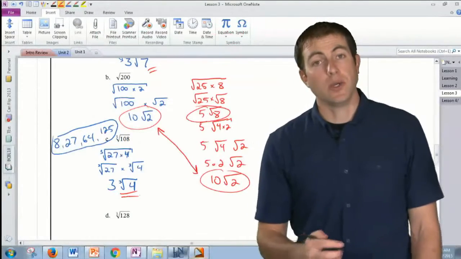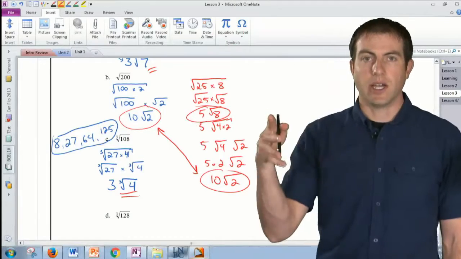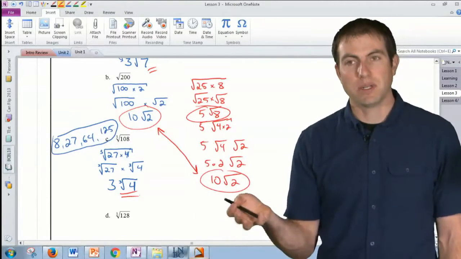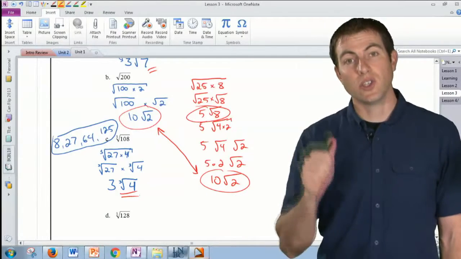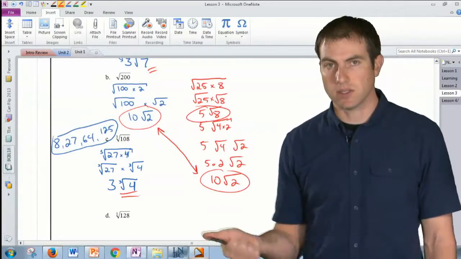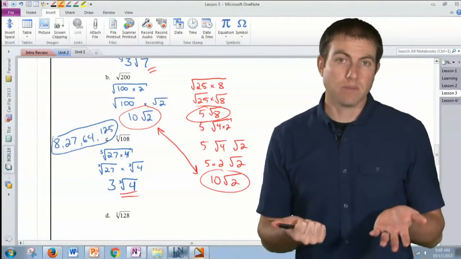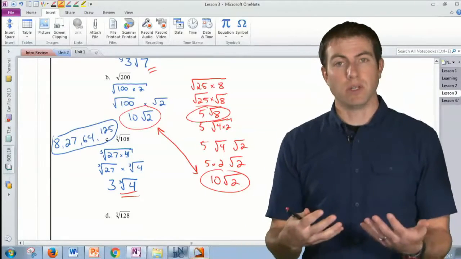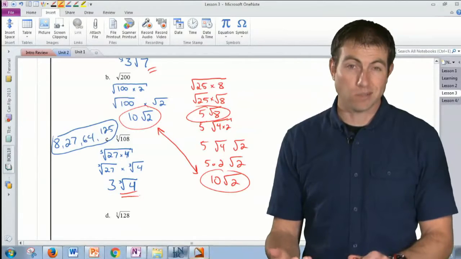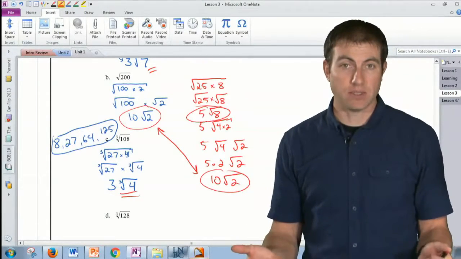Because you haven't had a lot of exposure to cube roots, you see a radical sign, you see a 4, and you're like, oh, the cube root of 4 is just 2. But it's not, because these are cube roots. These are numbers multiplied by themselves 3 times that gives us whatever's under the radical sign. So there is no integer that will be multiplied by itself 3 times to give me 4. So I can't simplify this any further.